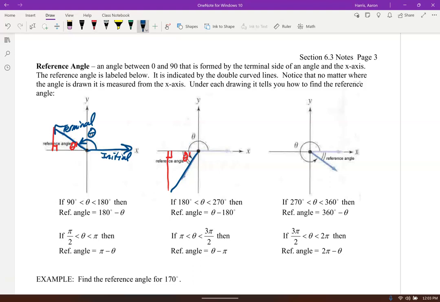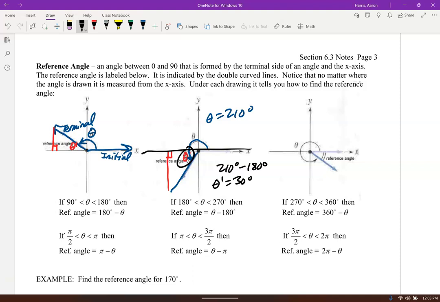Okay, so for example, if theta was like 210 degrees, then I'd say, oh, well, theta prime, how much past 180 did I go? 210 minus 180 is 30 degrees, right? So that little red theta prime would be 30 degrees.